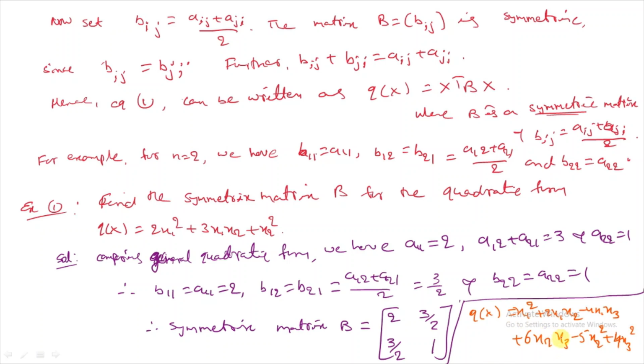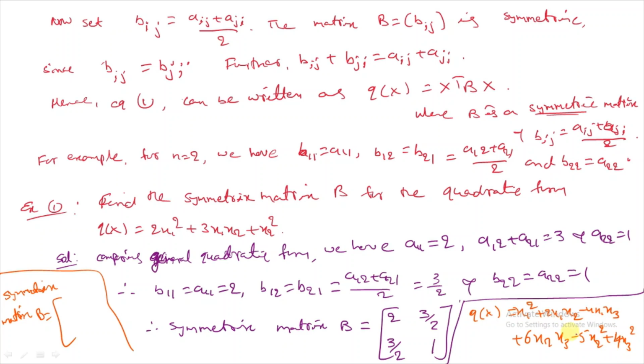Now for writing the matrix, observe here. The symmetric matrix B, with three variables, means you get a 3 by 3 matrix. The diagonal elements come from x1 square, x2 square, x3 square.